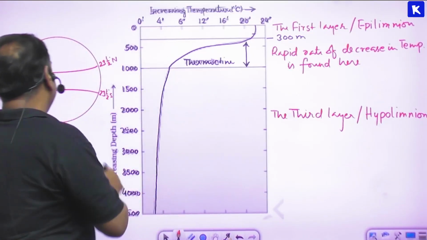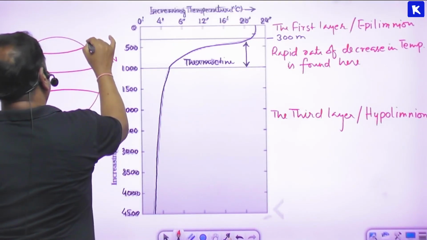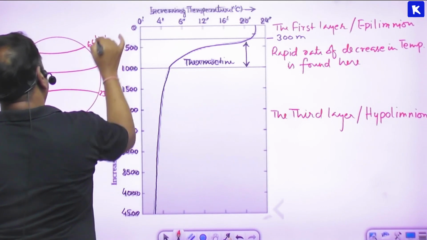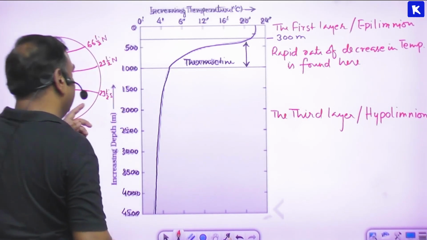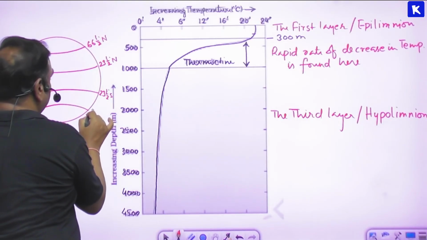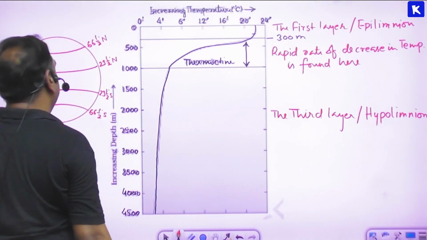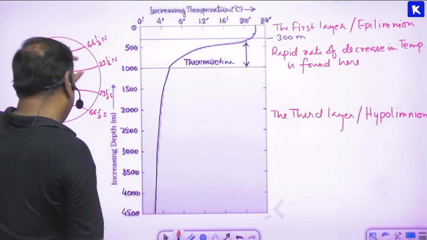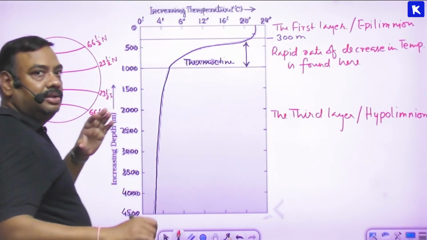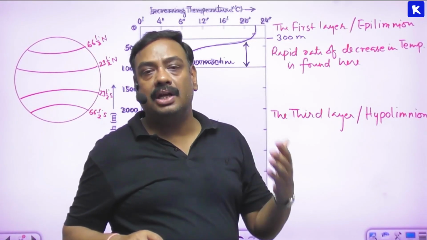Then after, between the Tropic of Cancer and the Arctic Circle that comes at 66.5 degrees north latitude, and the Antarctic Circle that comes at 66.5 degrees southern latitude, in between these two latitudes, the change in the temperature condition takes place with the change in season.